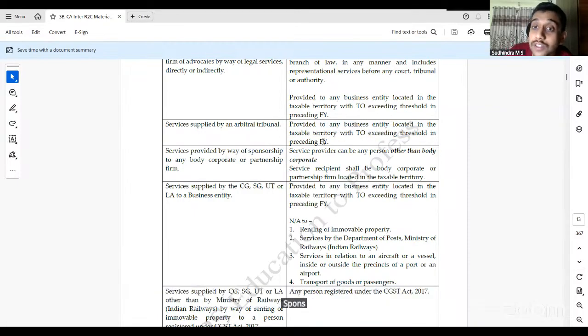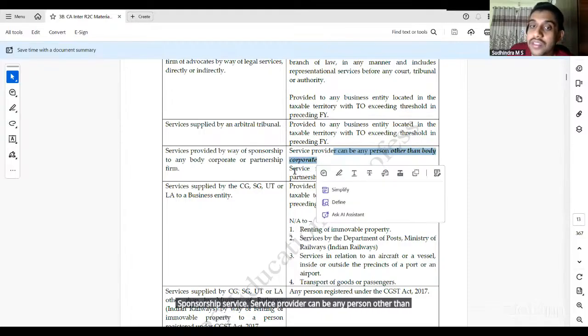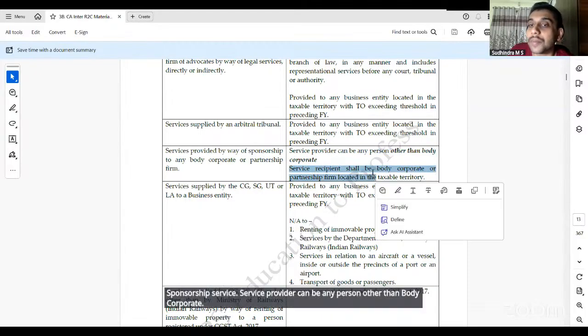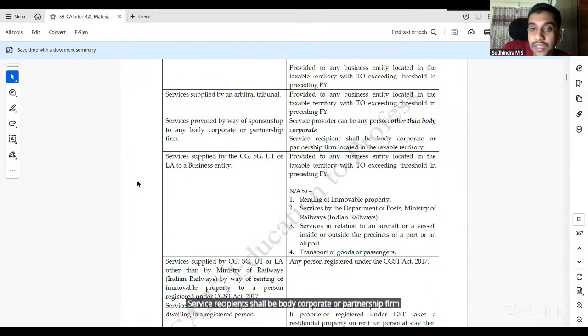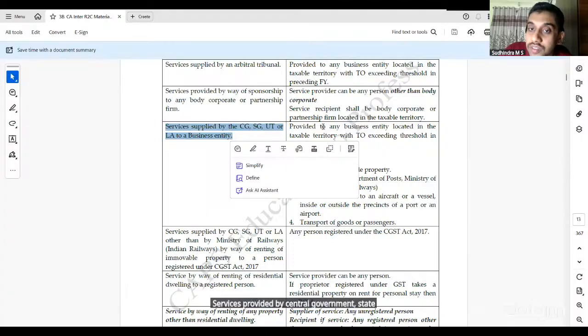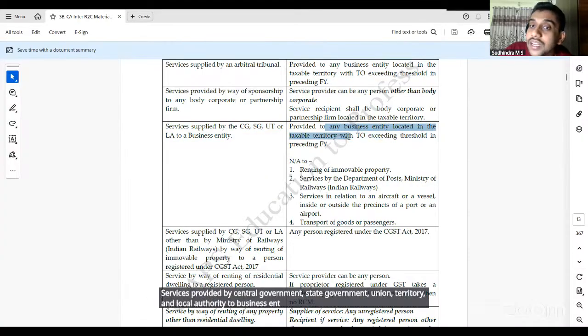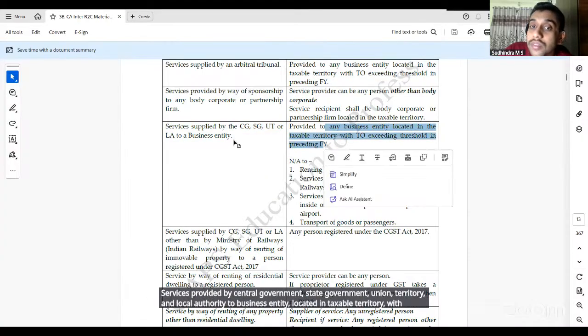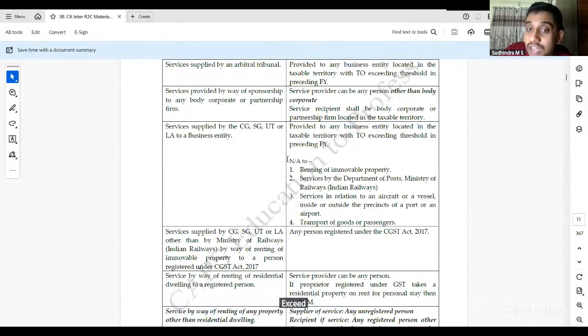Sponsorship service: provider can be any person other than body corporate. Service recipient shall be body corporate or partnership firm located in taxable territory. Services provided by central government, state government, union territory, local authority to a business entity located in taxable territory with turnover exceeding the threshold in the preceding financial year.